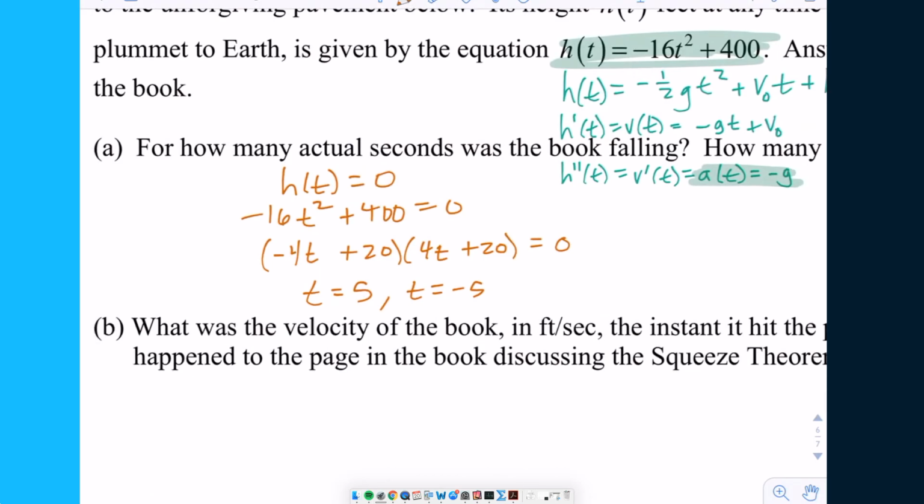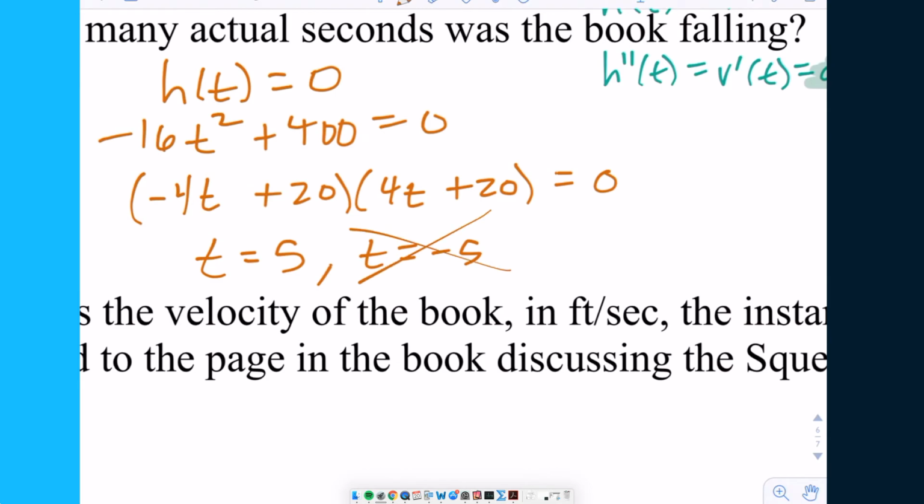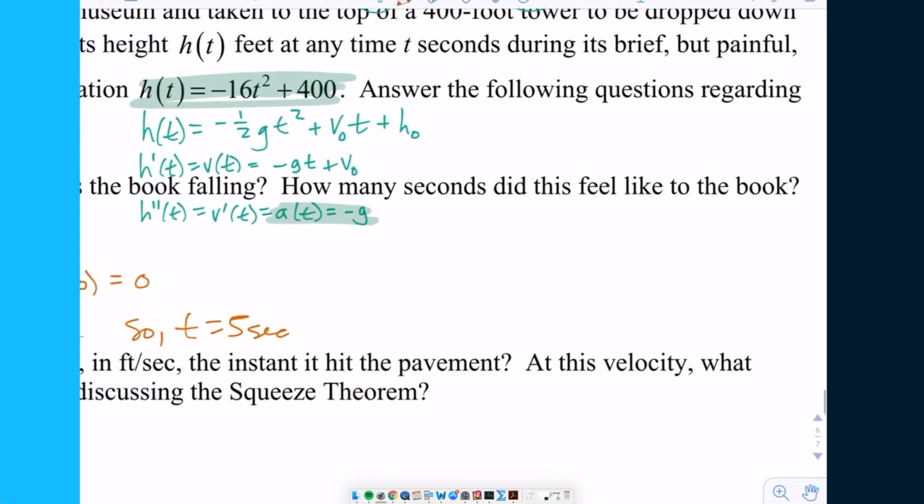Now the quadratic, of course, has two roots, two solutions. But in our problem, we have a relevant domain, and the time starts once we let go. So what do we know about the negative one? Can't work. So let's go ahead and declare the answer. t is equal to 5 seconds. The book was in the air for 5 seconds. That's a long fall. How many seconds did it feel like to the book?